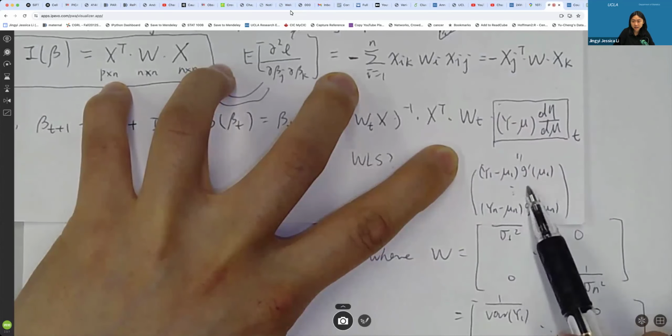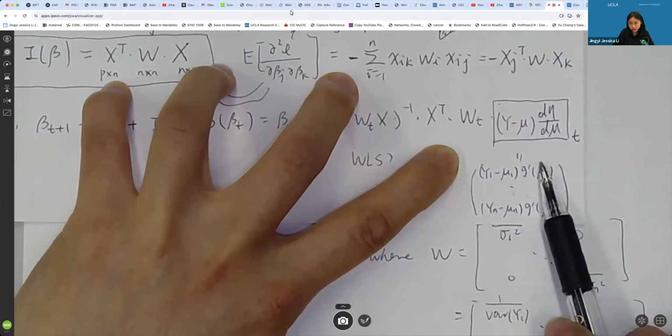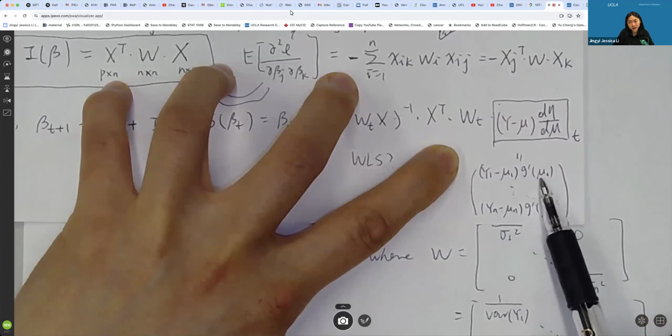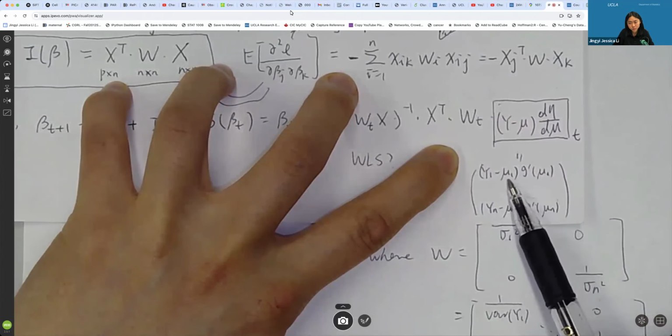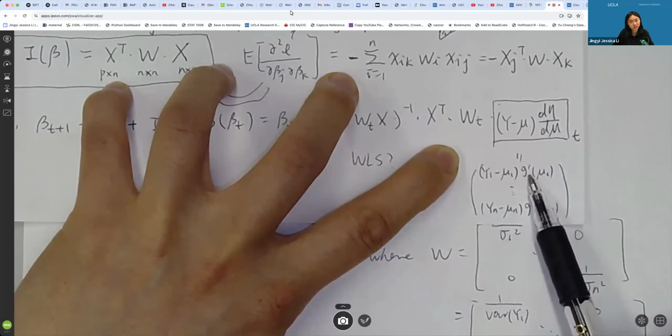So what I'm saying here is that this is also kind of like the delta method, which relies on Taylor expansion. You are transforming y by g, but you are expanding around the mean of yi, which is mu i. You are using this linear approximation. So basically this g prime is the slope, right?